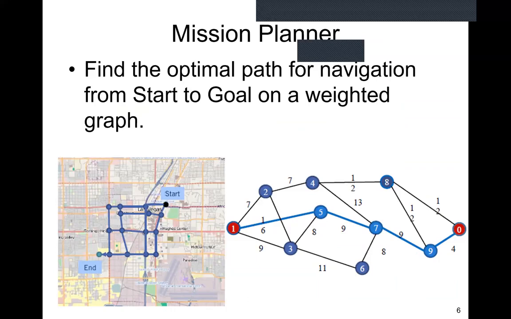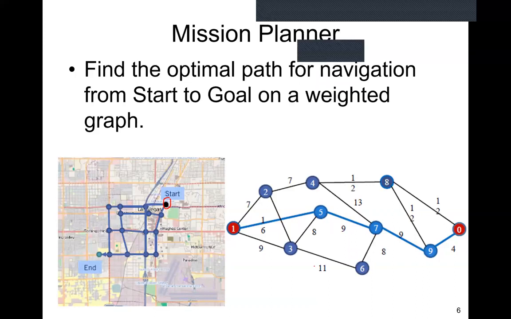So, for example, you are trying to go from a start point to an end point, and then you have a graph of connected segments of road forming. So you need to pick a path with the least cost.